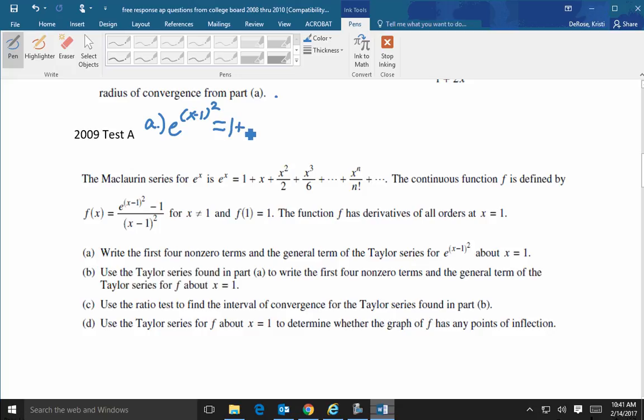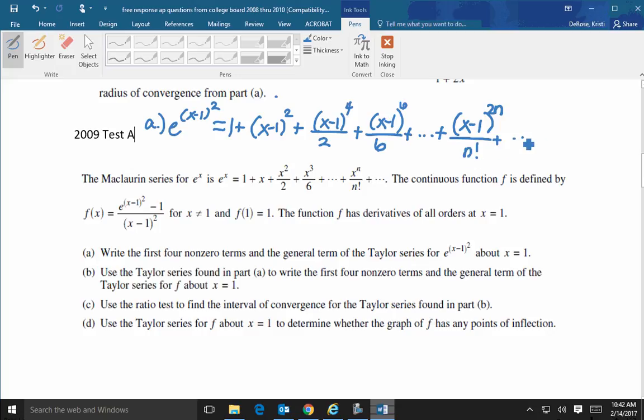I see an x, what am I plugging in? Minus 1 quantity squared. So not too bad.